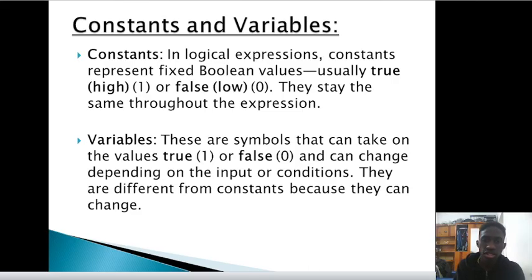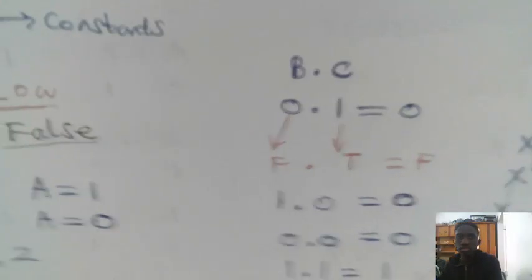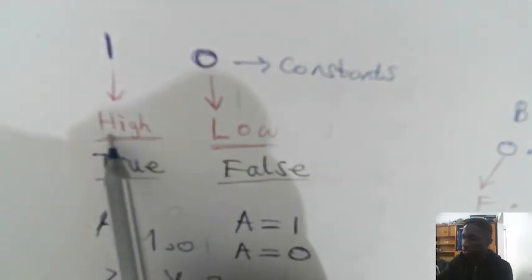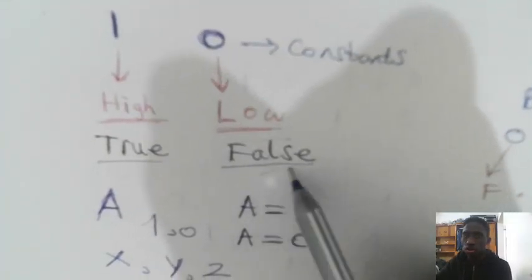We understand that a constant has a fixed value. So we see 1 and we also see 0. 1 represents high or true, and 0 represents low or false.